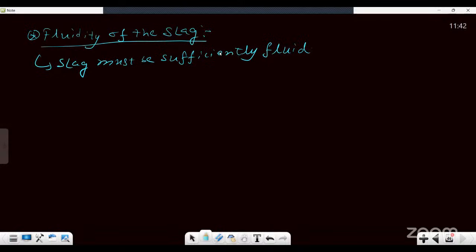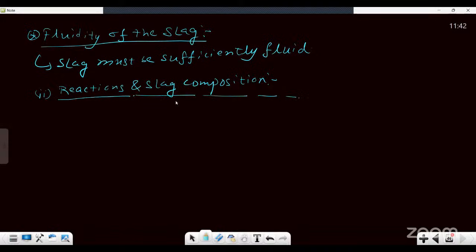Reactions and slag composition are also important. Okay, let us write and then explain. So if I am talking at higher temperatures, what happens?